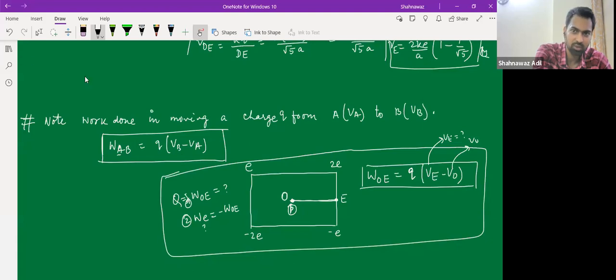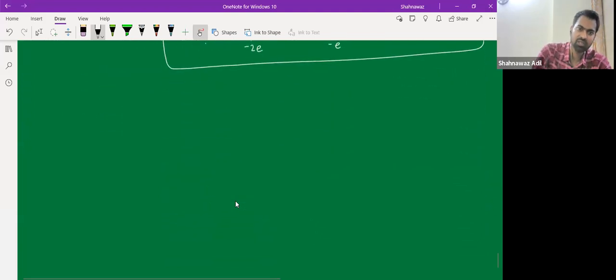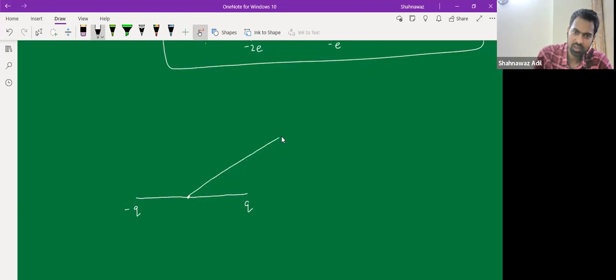Okay, so now let us move ahead. In the previous class, we finished up to this point that we have a dipole whose charges are minus Q and plus Q. And we are calculating the potential at this point. Let's say this is P and the angle is theta.